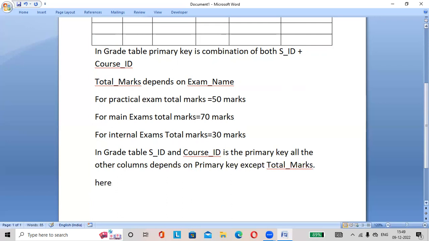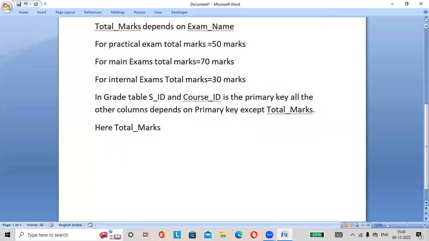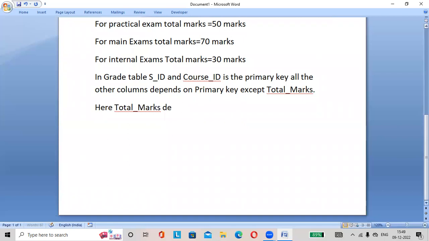Here total marks depends on exam name. This is known as transitive dependency.